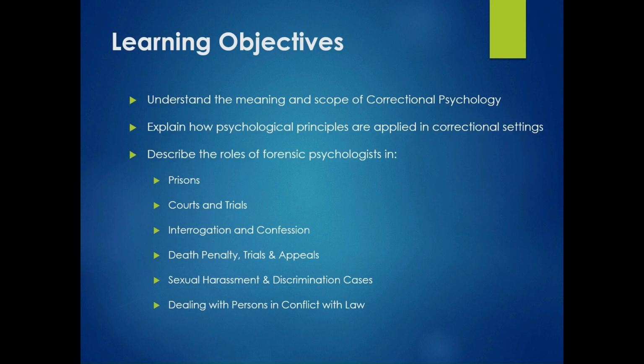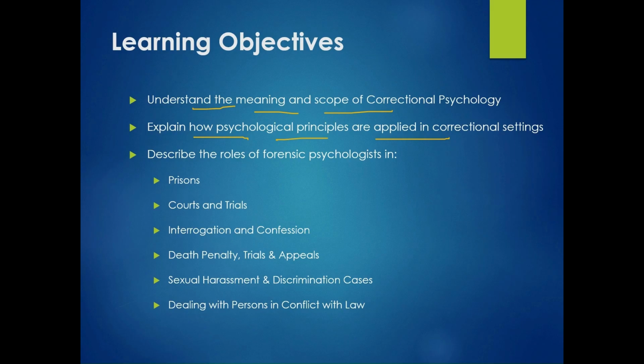By the end of this class, you should be able to understand three broad things. First of all, understand the meaning and scope of correctional psychology. In short, what exactly correctional psychology means, how psychology is applied once a person enters the criminal justice system. Secondly, explain how psychological principles are applied in correctional settings, places like prisons, remand homes, juvenile homes, and rehabilitation centers.